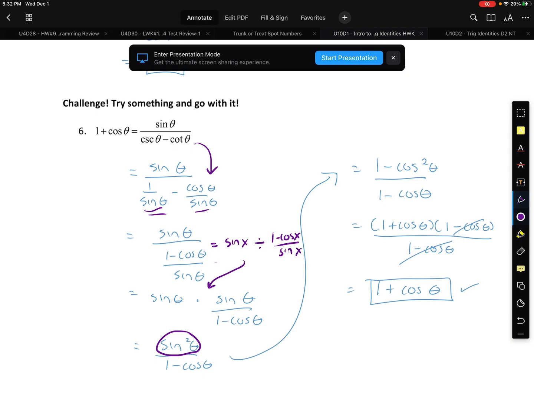If I just said y equals cos theta, I could think about this as 1 minus y squared over 1 minus y, which if I factor, I'd have this, which leaves me the opportunity to cancel. And if I'm left with 1 plus y, I can sub back in 1 plus cos x.